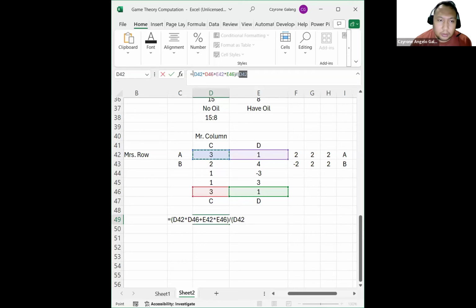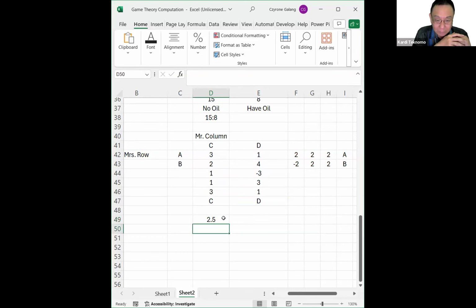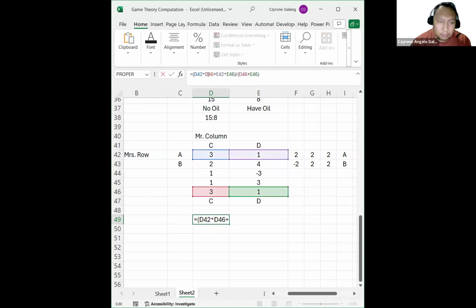Yes, the 3 at the bottom, plus 1. So close it. That is for A. Now you can also get it for B, C, and D. They must all be the same. If not the same, George, something is wrong with your odds. You want to get it for B?